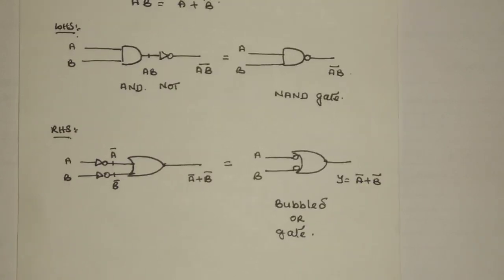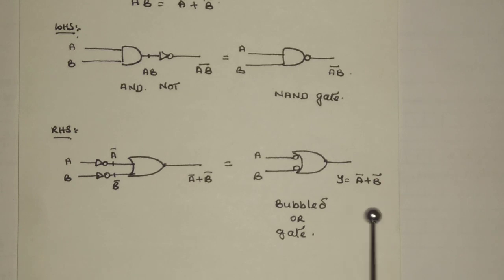For the right hand side, you are observing that this is an OR gate, and the direct inputs A and B are applied through the NOT gates, so that the outputs of these NOT gates are A bar and B bar, which are the inputs to the OR gate. The output of this OR gate is A bar plus B bar. This is the symbolic representation of this gate, which is called a bubbled OR gate.